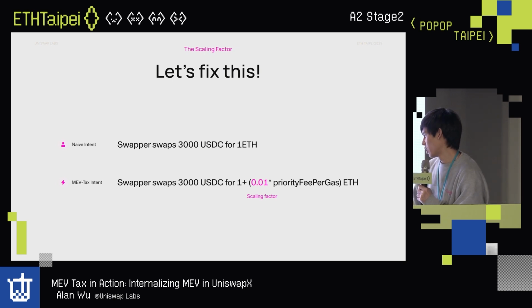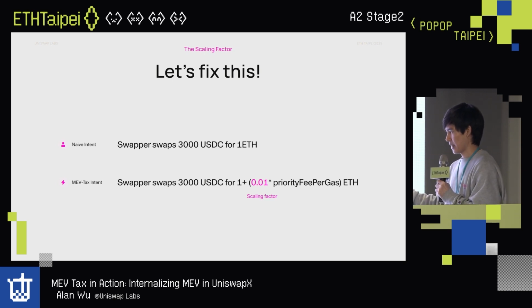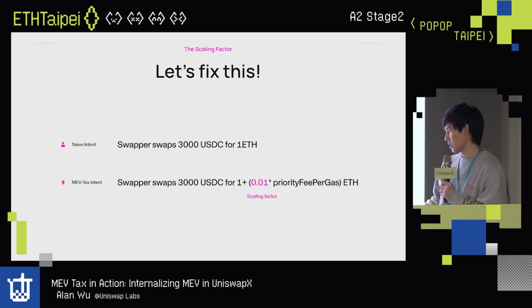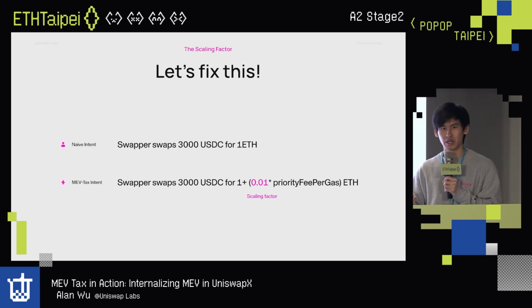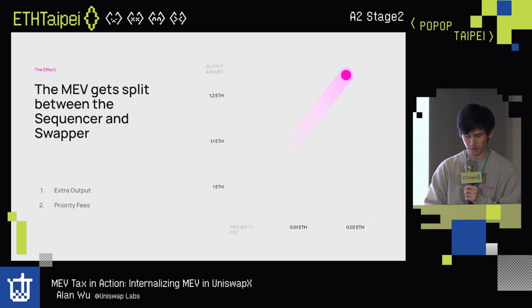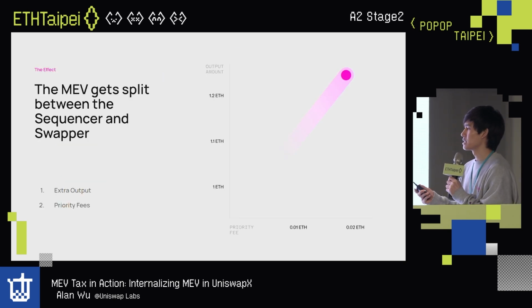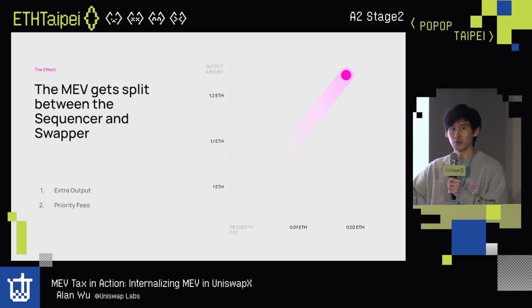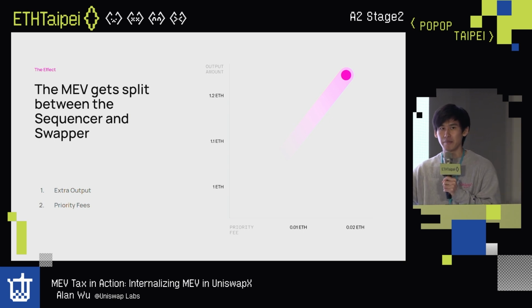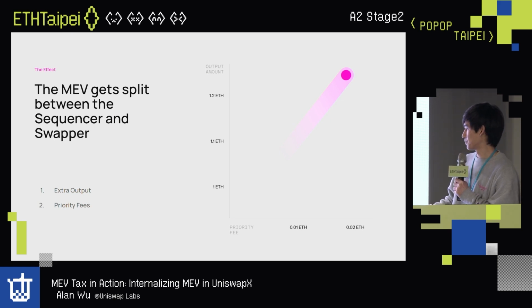So in this example, for every extra unit of priority fee that the filler uses, they have to give the swapper an extra 0.01 ETH. And that 0.01 is what we would call a scaling factor. So what happens now is the money that was going to be priority fees now gets split up. Some of that value goes to the swapper as extra output, and then some of that value remains as priority fees.